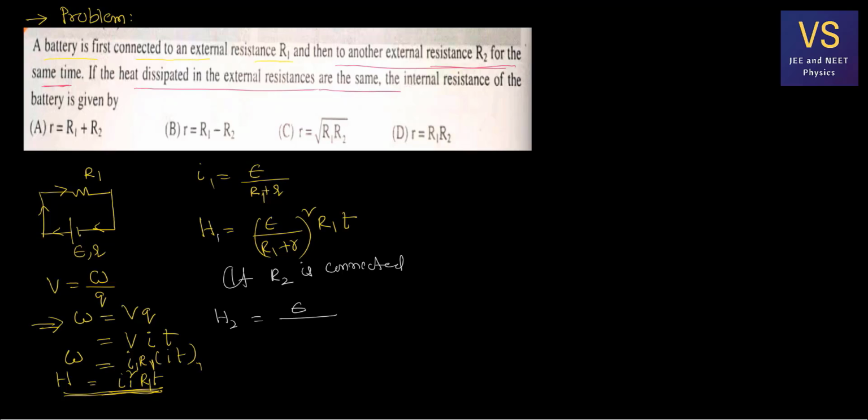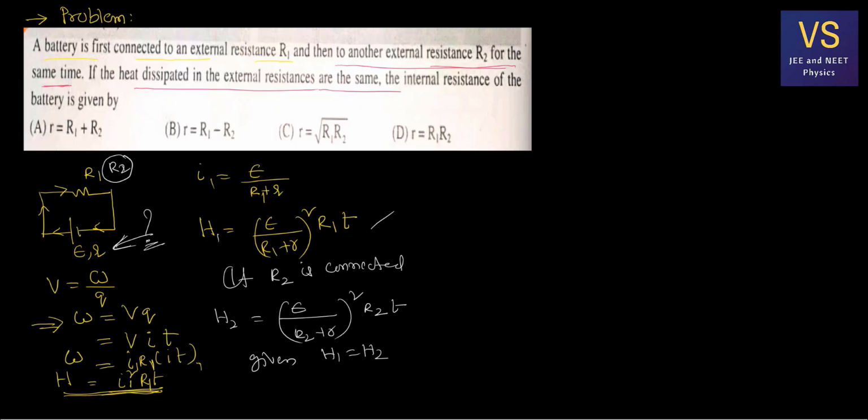I is EMF by resistance, but in the place of this R1, imagine a R2. So I shall write E by R2 plus R whole square, R2 and T. It is given in the problem that H1 equal to H2. If that is the case, what is the value of this internal resistance? That's the question, in terms of two external resistances.